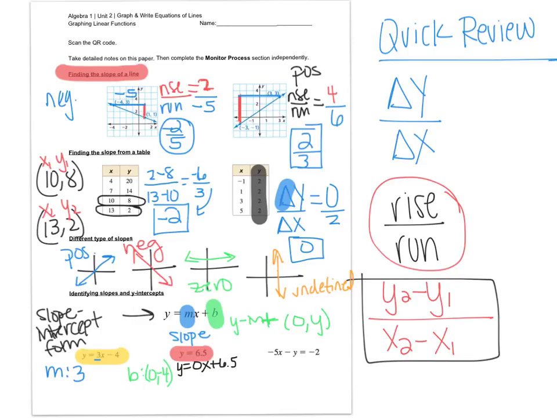Why they took out 0x is because no matter what x is here, it's always going to be 0. So in this case, our slope is 0. Whenever you see an equation that reads y equals a number and there's no x on the other side of the equation, your slope is always 0. However, this equation does have a y-intercept, and its y-intercept is (0, 6.5).